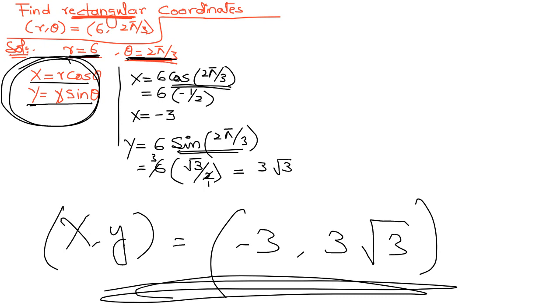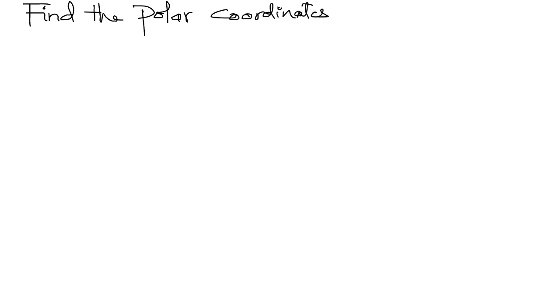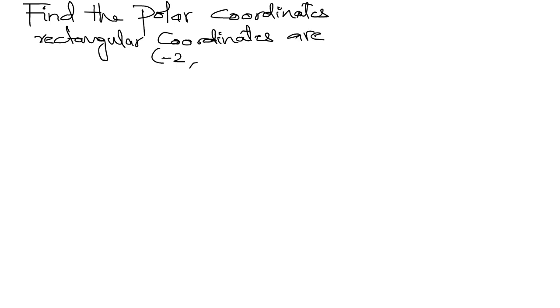When the rectangular coordinates are given and we have to find the polar coordinates, the rectangular coordinates are minus 2 and minus 2 times square root of 3.